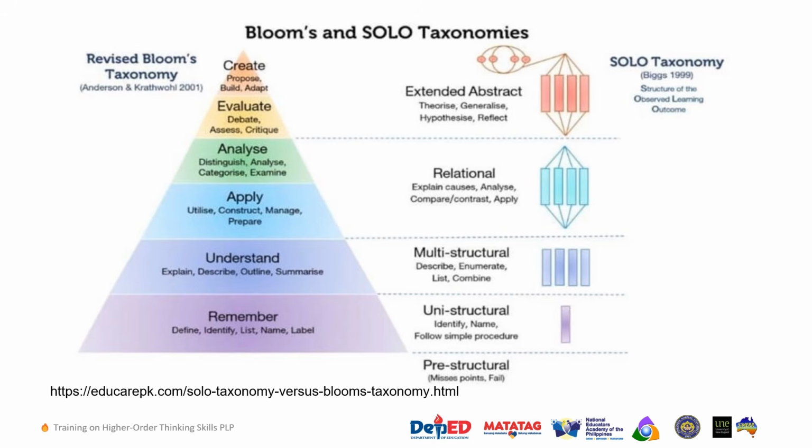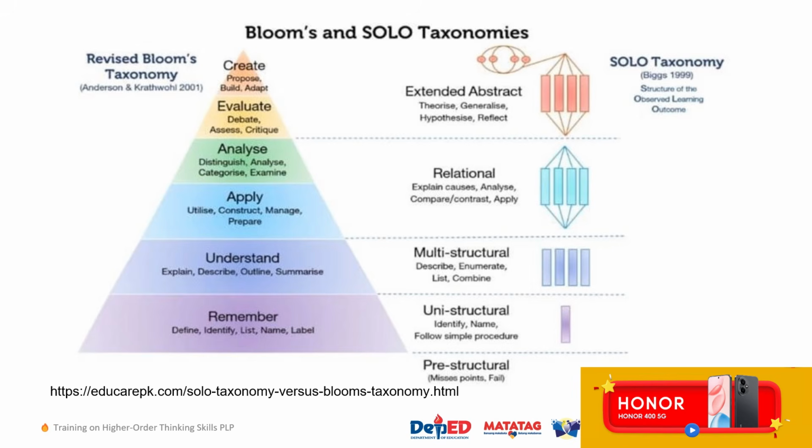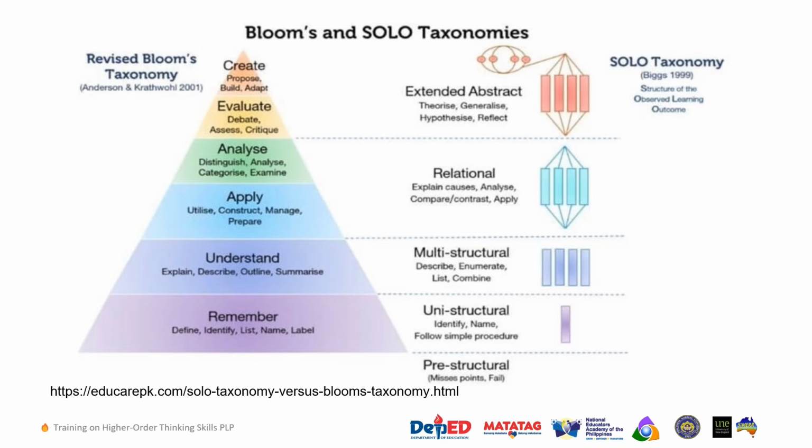The unistructural in the SOLO taxonomy is aligned with remember, that is lower order thinking skills. The multistructural is the same level with understand. It's also a lower order thinking skill.